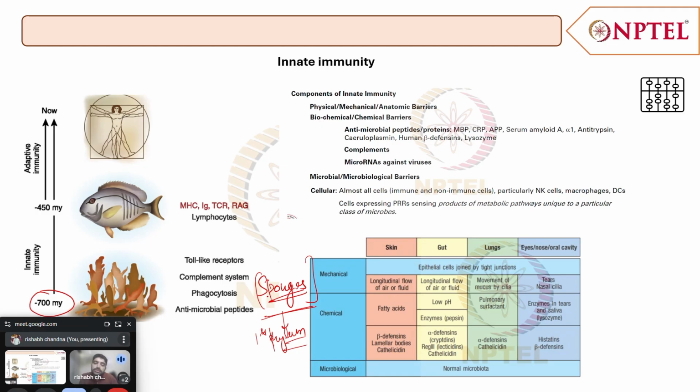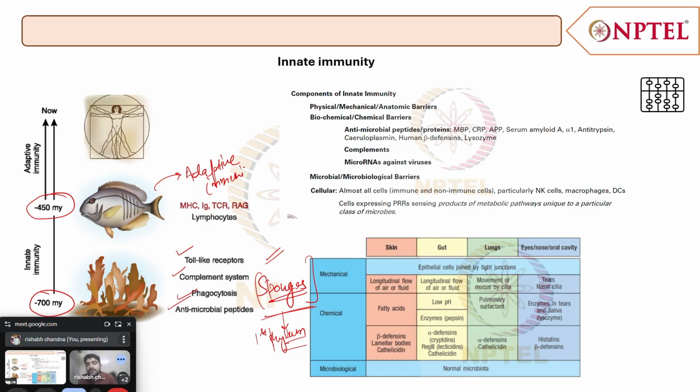So the innate immunity started with these sponges, and then came the antimicrobial peptides, the phagocytosis, complement system, the toll-like receptor, and then nearly 450 million years ago, there was the development of the adaptive immunity.